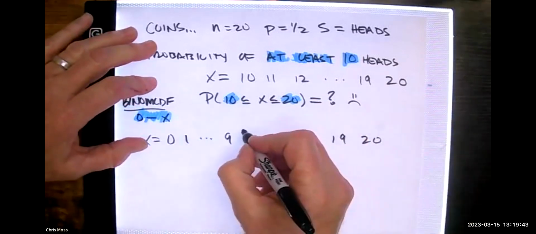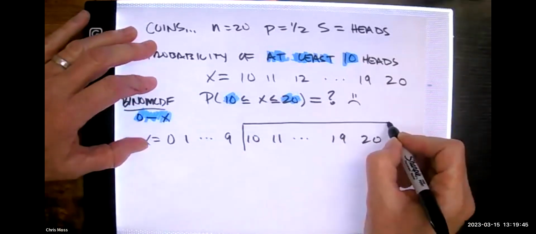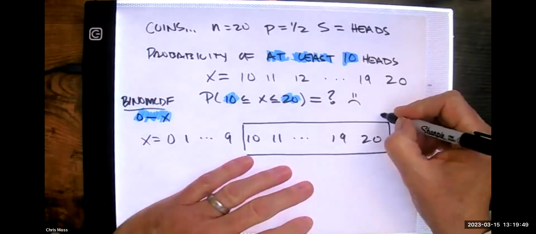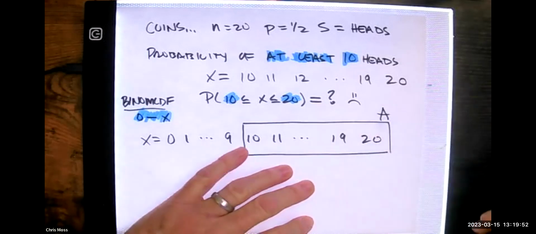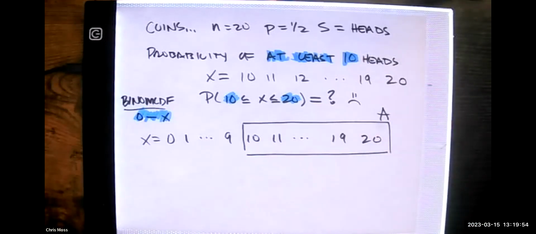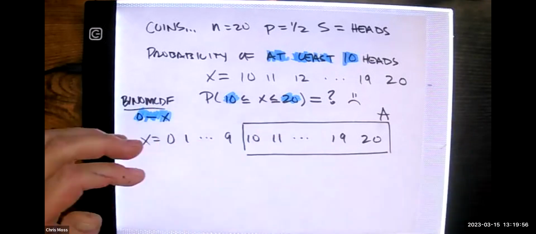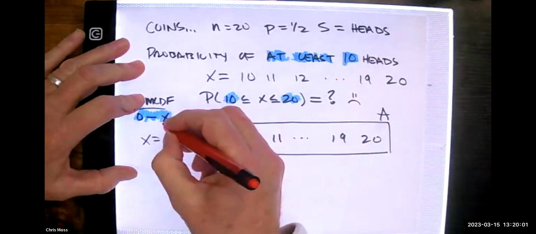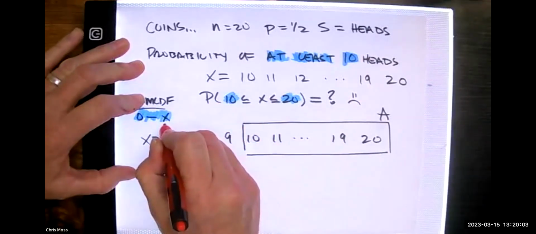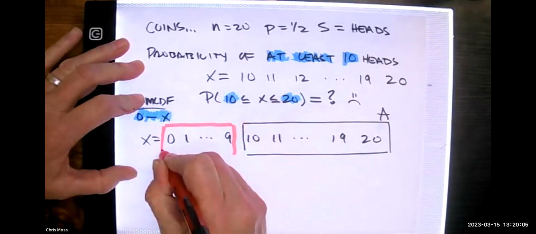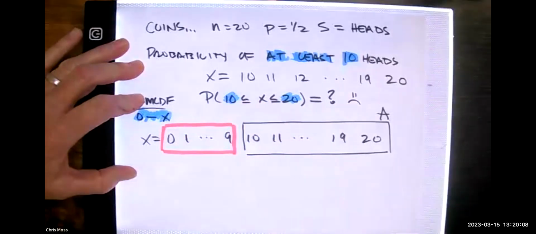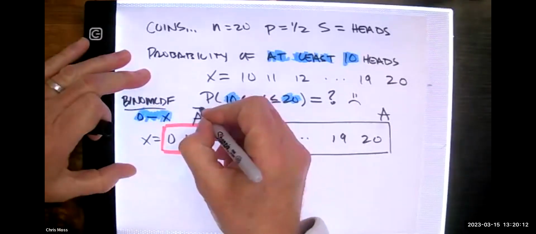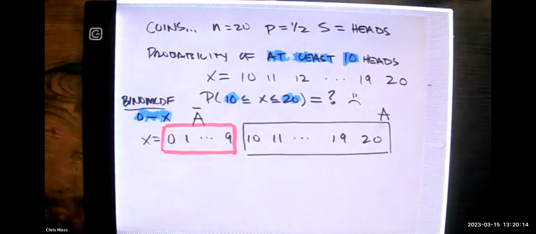Now, the 10 to 20 heads, these are the outcomes I am interested in. I'm going to call it A for now. The rest of the outcomes, everything but A, is the complementary event.